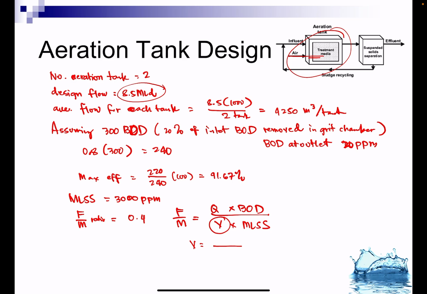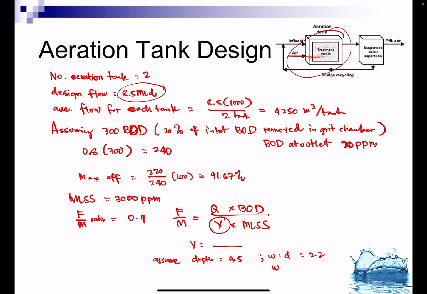Knowing the value of your V, you again assume a depth, for example 5 meters or 4.5 meters. You know the volume, and the width to depth ratio is equivalent to 2.2. You'll get the value of the width, and then compute for your length.